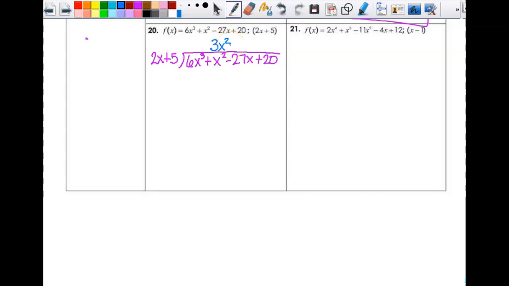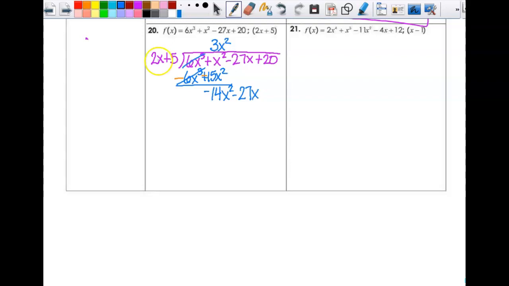Then I multiply it back, and I'm going to get 6x cubed plus 15x squared. And then since this is long division, I change the signs because I'm subtracting. These zero out. This gives me negative 14x squared minus 27x.